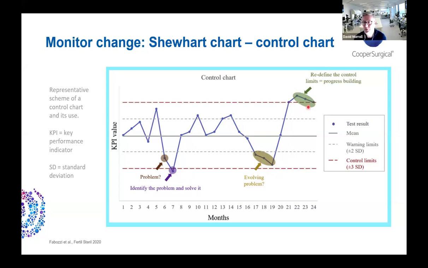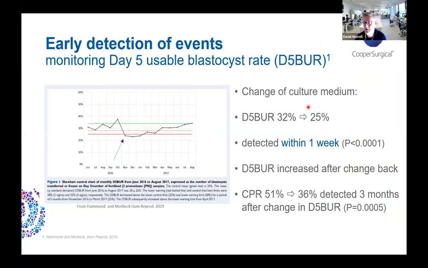Now, a good example of that sort of system being used is in this really nice paper by Hammond and Moorbeck 4 years ago, where they showed early detection of events using this particular KPI. So we're back to my favorite KPI, the utilization rate, but it's a particular one. So this is the day 5 usable blastocyst rate, which they call the D5 BUR.